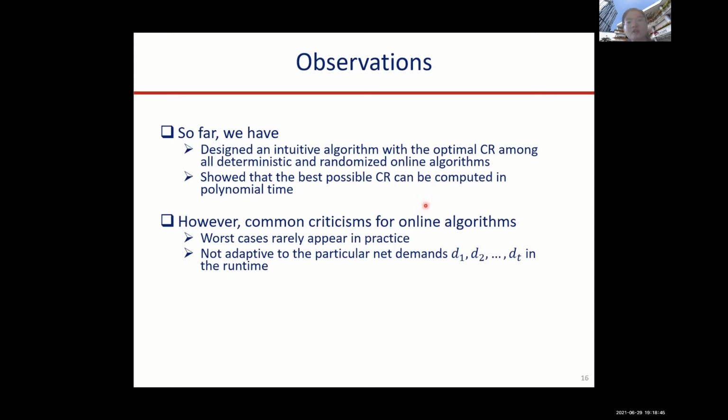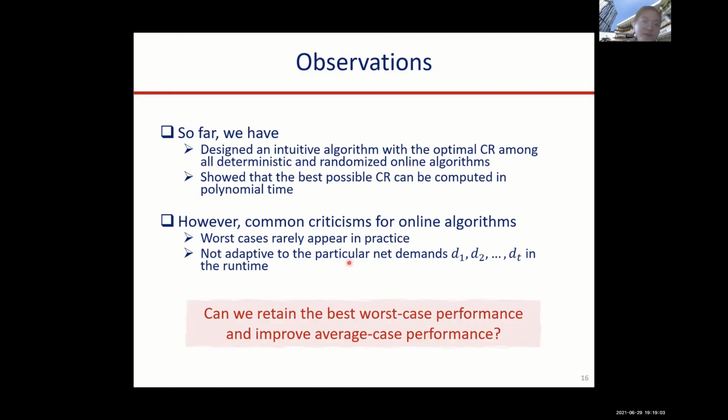In most cases, online algorithms are criticized for the focus on the worst cases, while worst cases may rarely happen in practice. And most online algorithms are not adaptive to the particular net demands at runtime. Can we retain the best worst case performance and improve the average case performance?